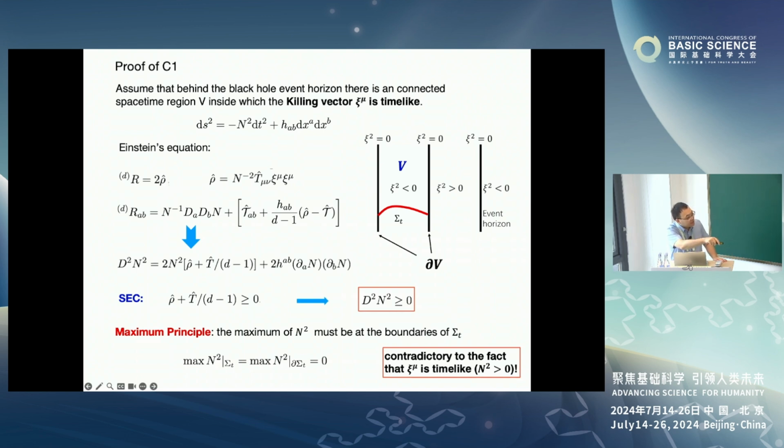That means n squared should be 0. It's not possible because we want the black hole with two inner horizons. But in this case, we show n squared should be 0. So that is in contrast to the fact that the Killing vector is time-like. So in this way, we excluded the existence of the second inner horizon. That's the main result of the first case.